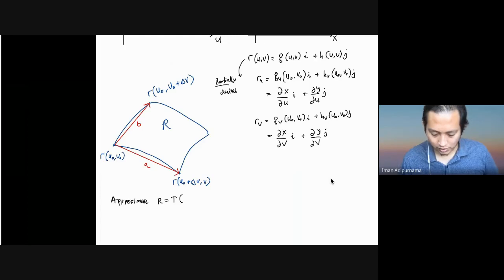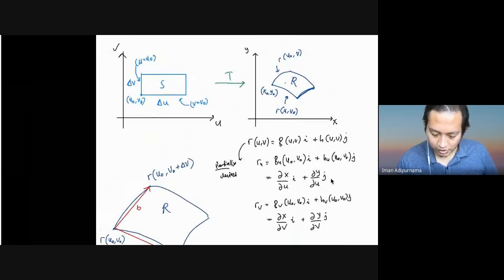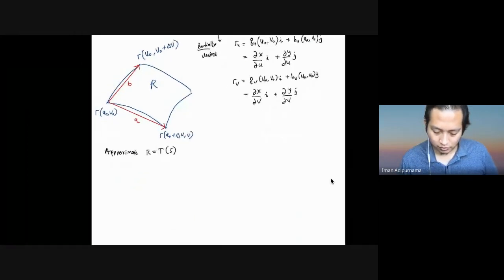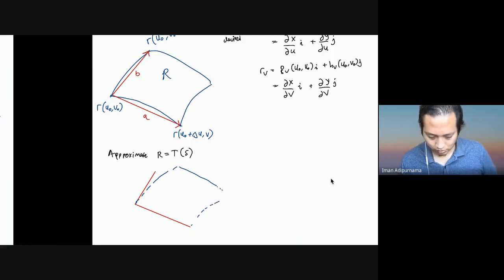So we can approximate a and b to become similar to what we have here. It's a square here, right? So we are going to put the square into the R, maybe around here.